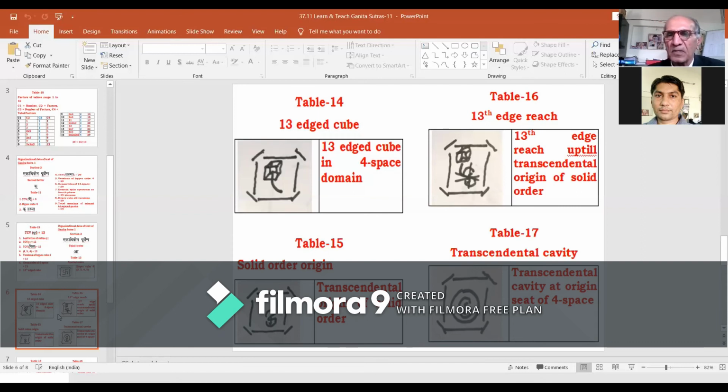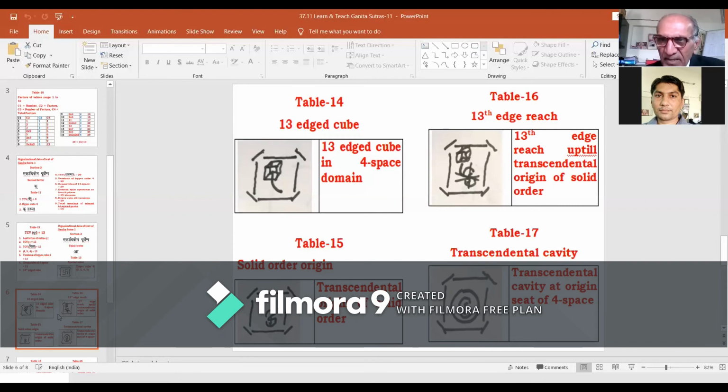Table 17 goes a step ahead. It takes us to the happening of a transcendental cavity at the seat of transcendental origin of a fourth space. Fourth space is a spatial order space. Its center is of a dual status.